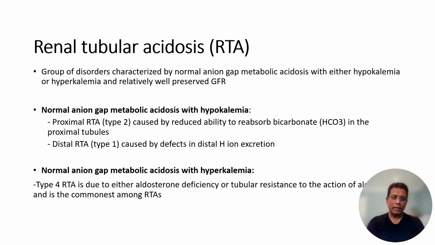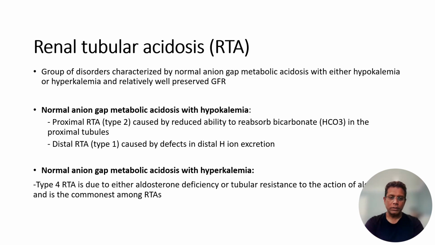So when normal anion gap metabolic acidosis presents with hypokalemia, it's most probably either type 1 or type 2 RTA. Type 1, which is distal RTA, is basically just an inability to excrete hydrogen in the urine. And because the body cannot excrete hydrogen, the hydrogen stays back in the body and therefore you're acidotic.